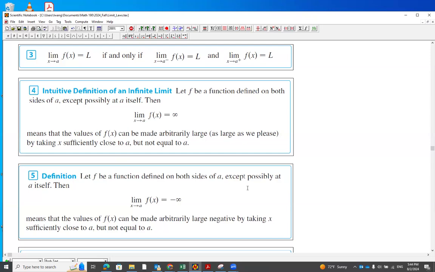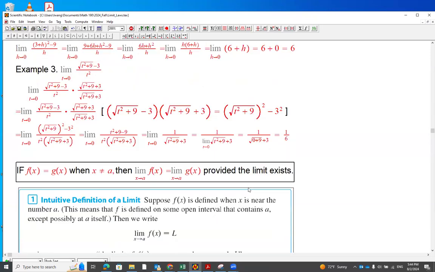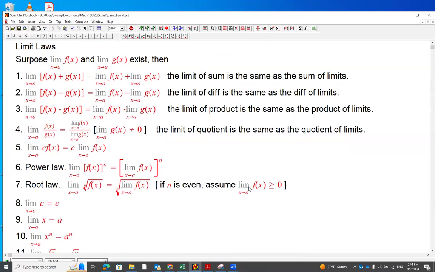The answer is no. In other words, for the application of the laws of limit, if any one of these limits is infinity, the laws don't apply.